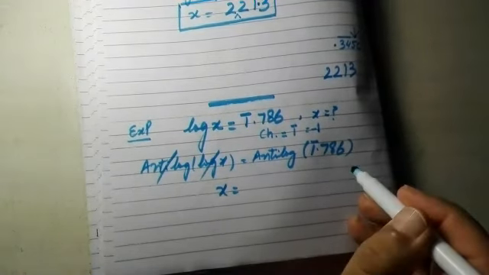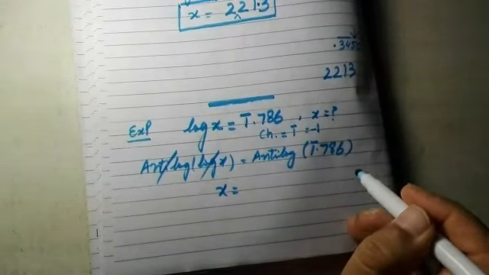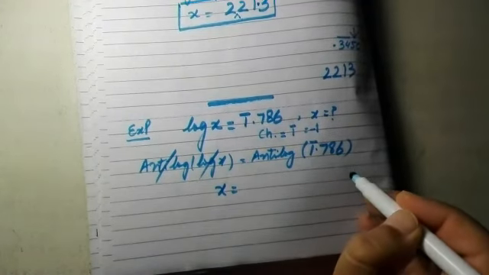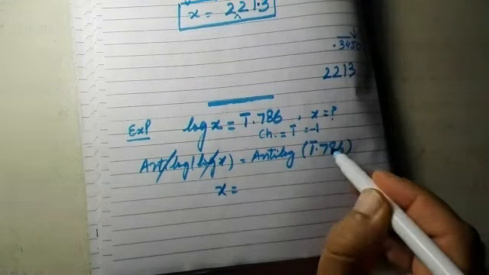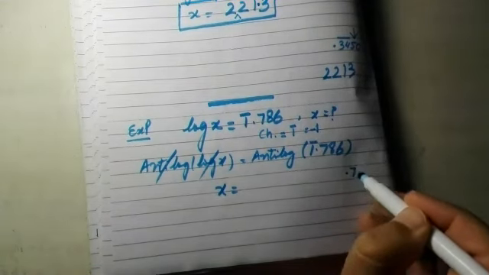So for finding anti-logarithms from the anti-logarithm table, we have to place the decimal part, the mantissa, that is 0.786.